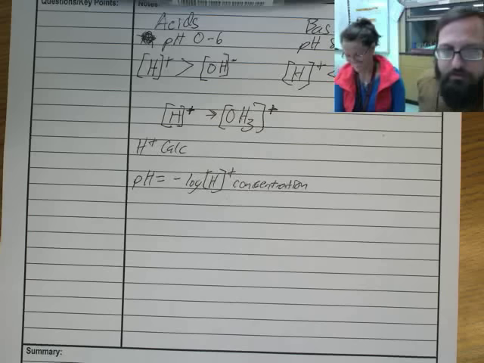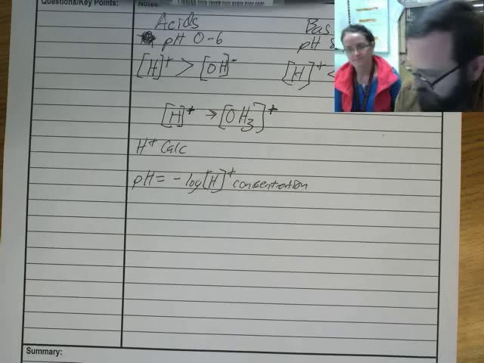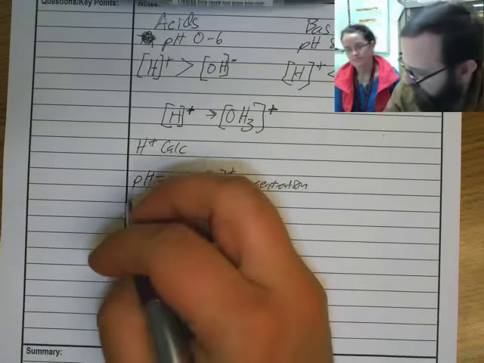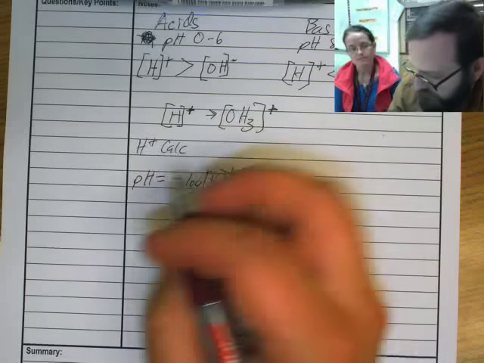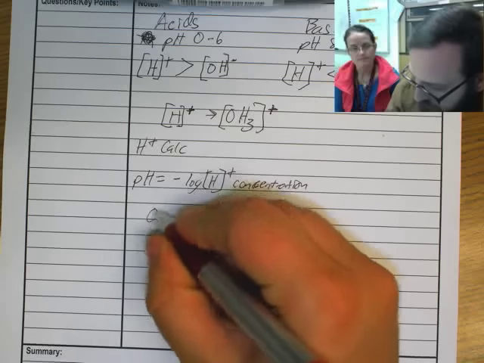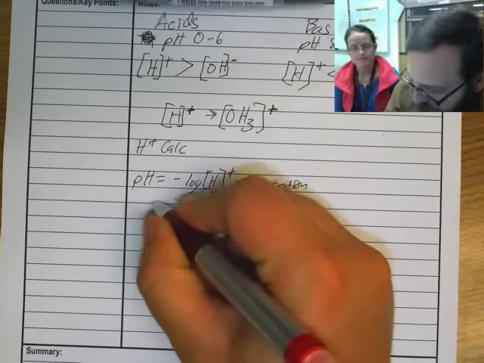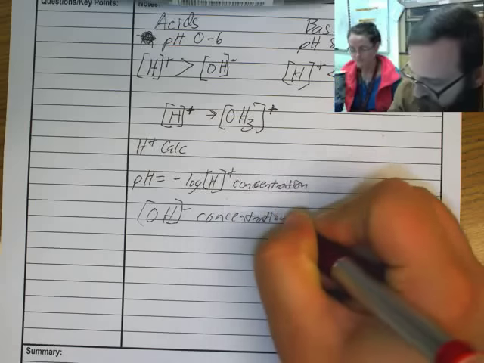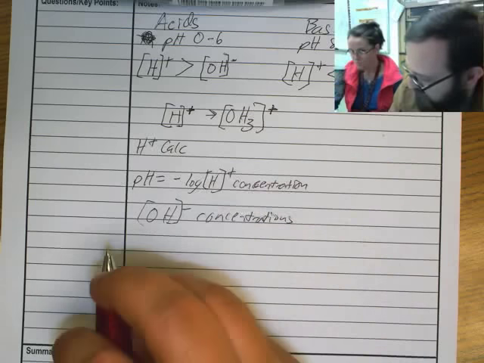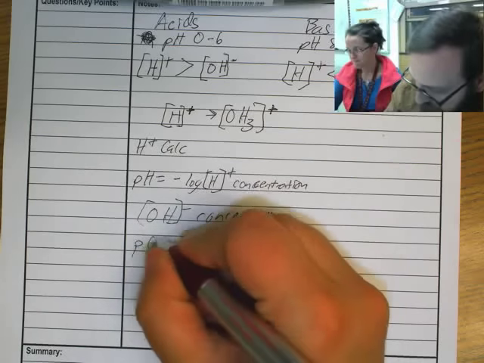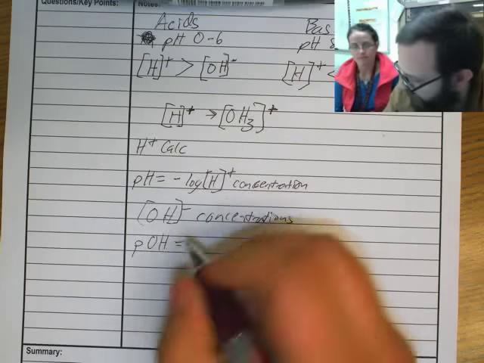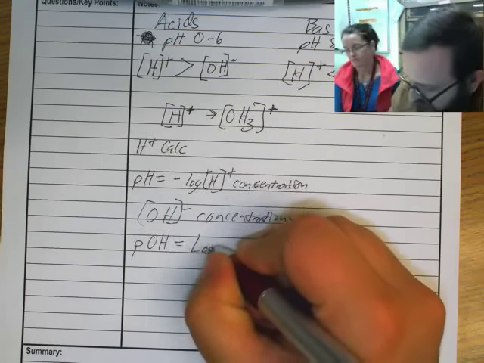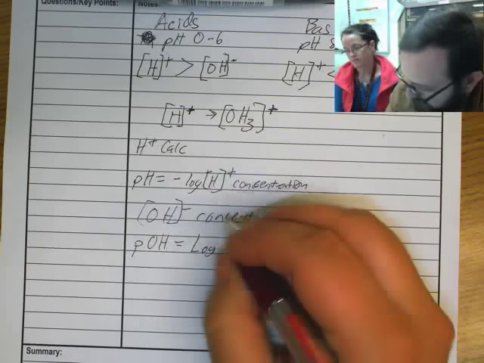Yes. Okay, so if you are calculating the OH, the hydroxide concentrations, your formula is going to be the pOH is equal to the log of your negative OH.